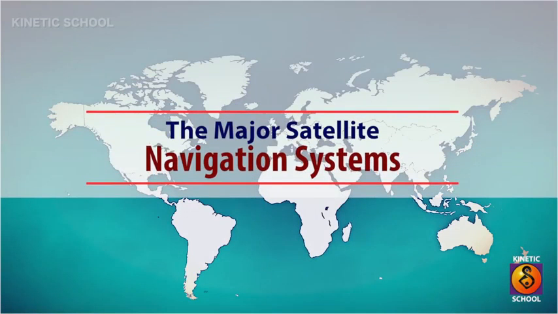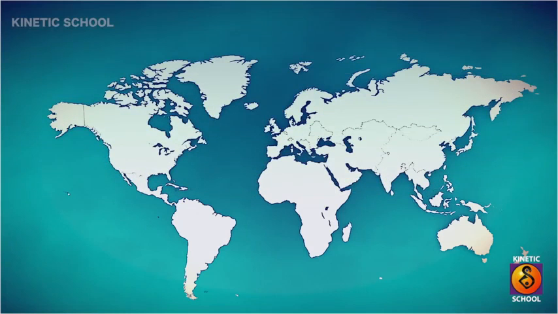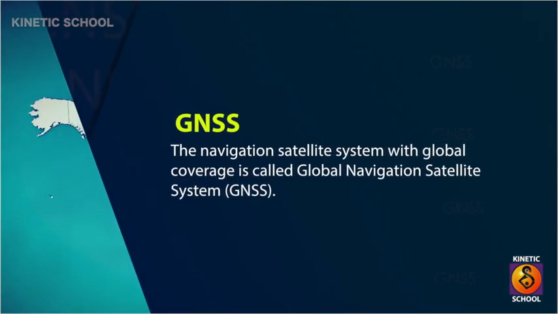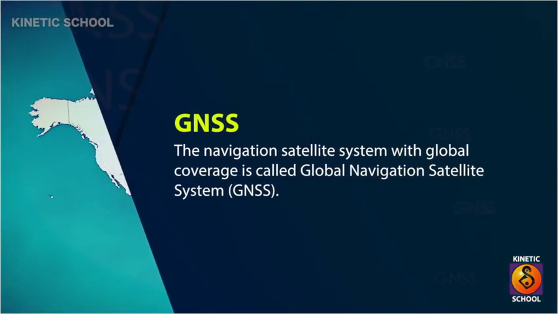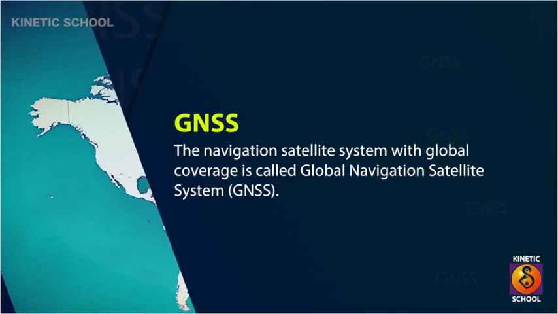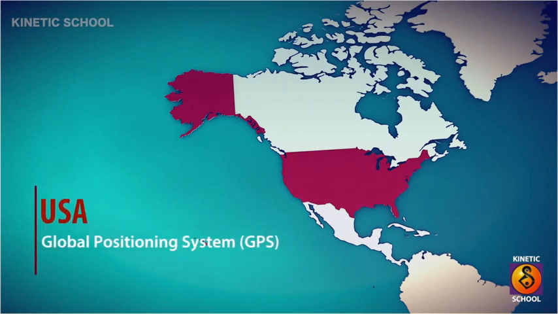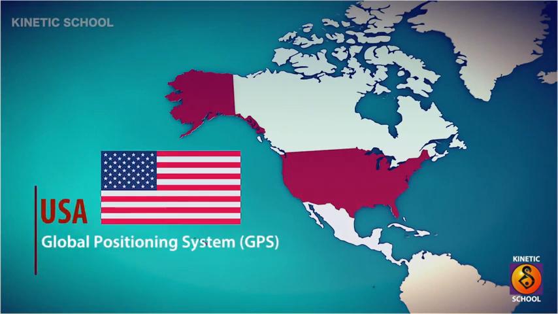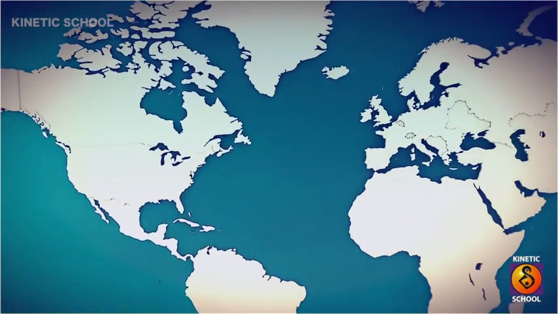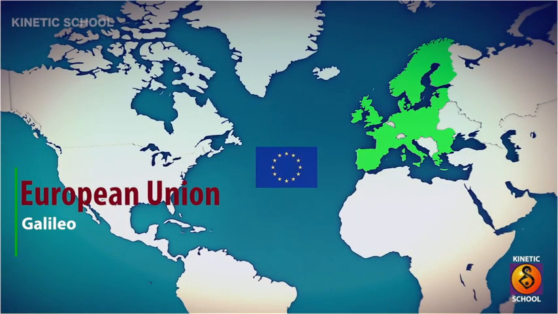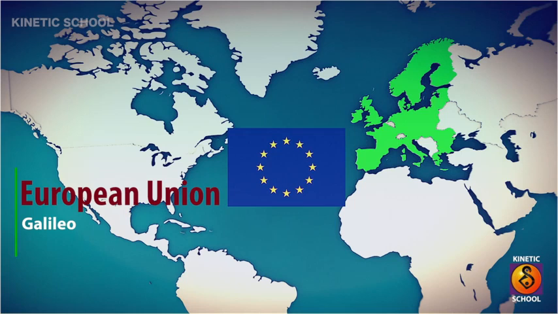The major satellite navigation systems. The navigation satellite system with global coverage is called Global Navigation Satellite System or GNSS. The United States was the first country to introduce satellite technology with the Global Positioning System or GPS. Another ambitious global navigation satellite system aside from GPS in development is the Galileo system in Europe.